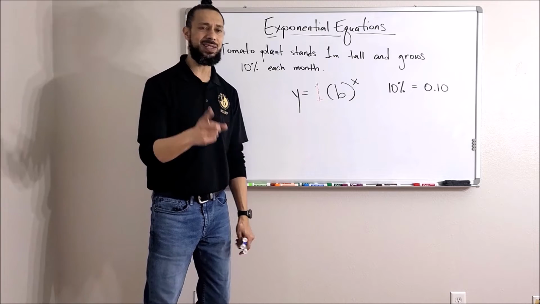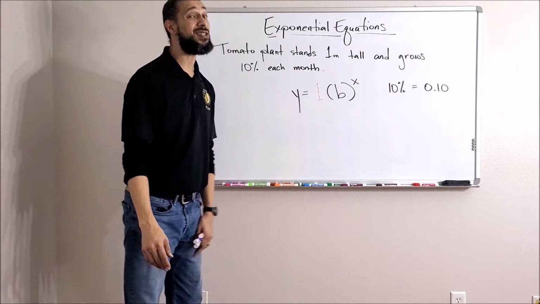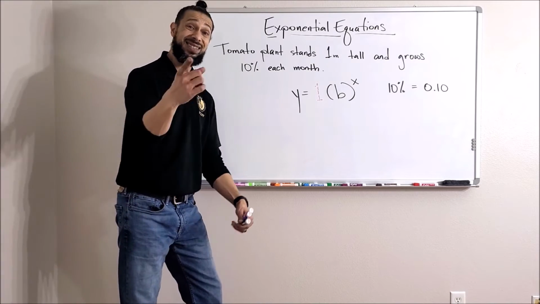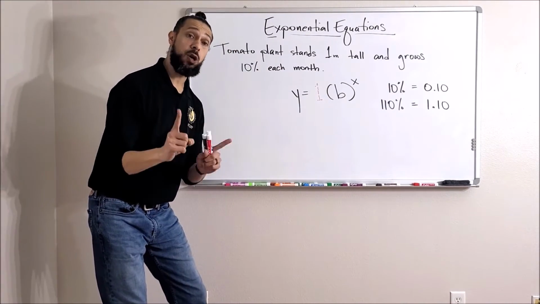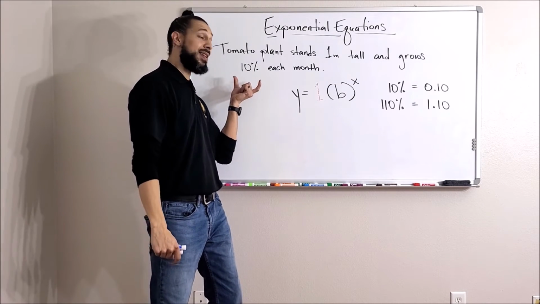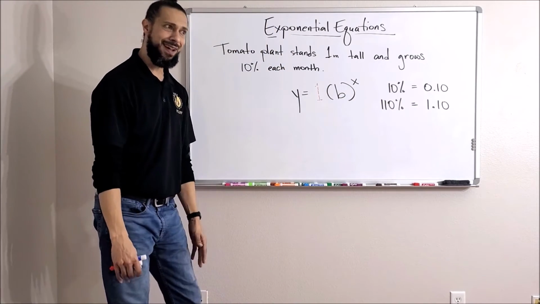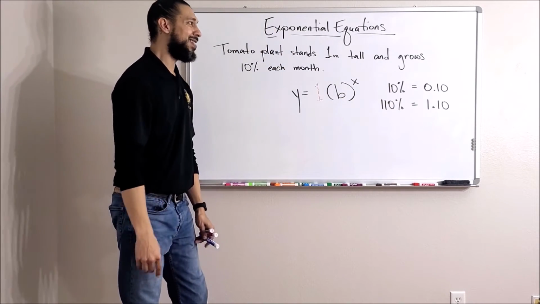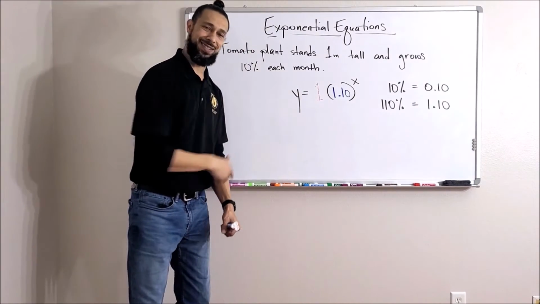Quick lesson: if you want to increase something by 10%, you multiply it by 110%, like this. So the moral of the story is, if you're increasing by 10%, add that 10% to 100, and that's what you're going to multiply by each time. Save yourself some work. So my rate of change here is going to be 1.1.